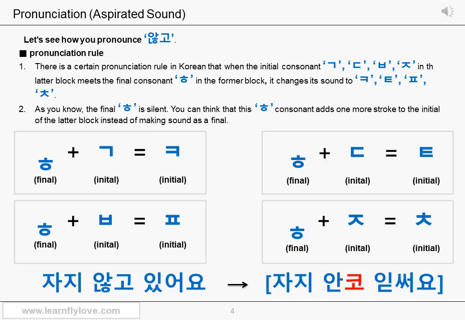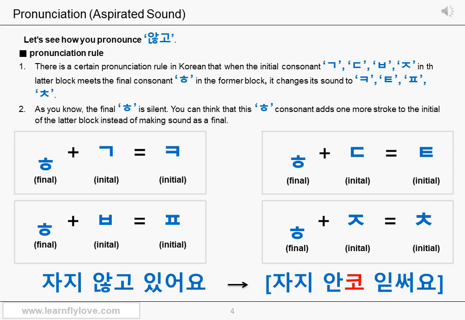Let's learn why 않고 from 자지 않고 있어요 in the previous page is pronounced 않고 rather than 안고. There is a certain pronunciation rule in Korean saying that where the initial consonant ㄱ, ㄷ, ㅂ, or ㅈ in the letter block meets the final consonant ㅎ in the former block, it changes its sound to the aspirated sound k, t, p, or ch.